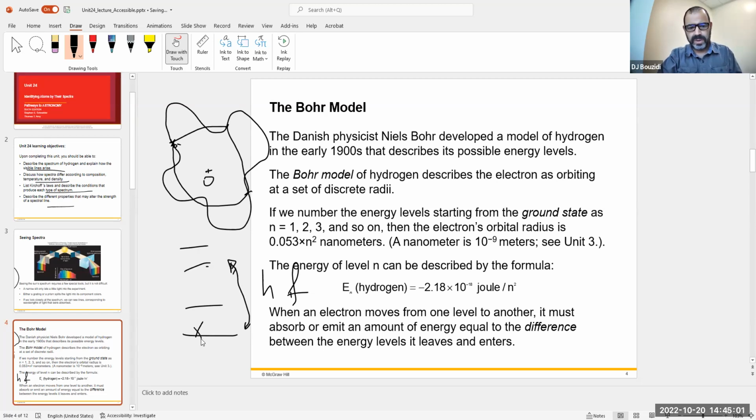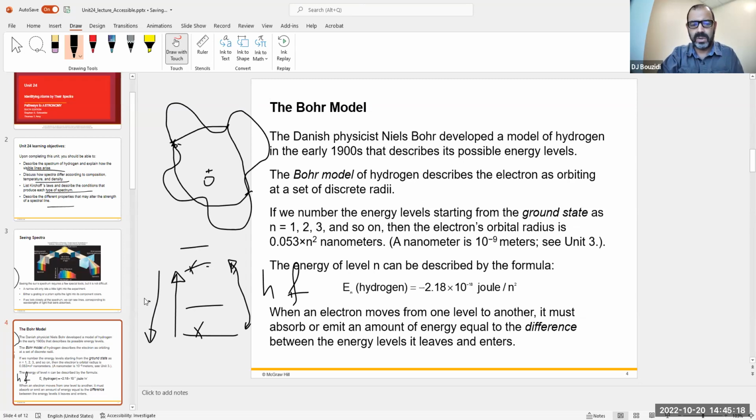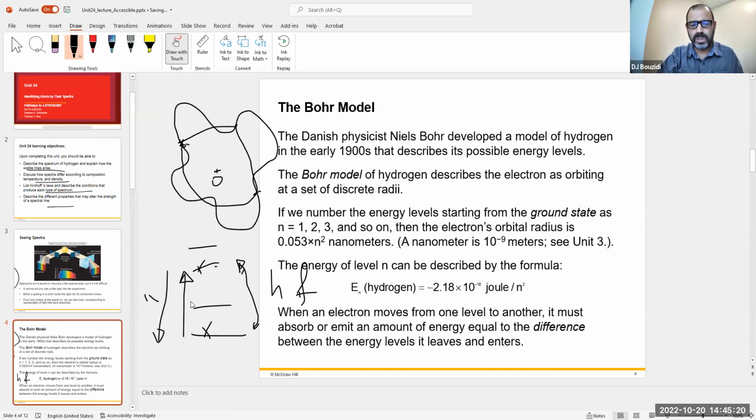So the difference between two different energy levels, if I am going up, I'm absorbing energy. So this is part of an absorption spectrum. Then going down from an excited state to the ground state, I am actually emitting light. So light is going to come off of this, be produced.